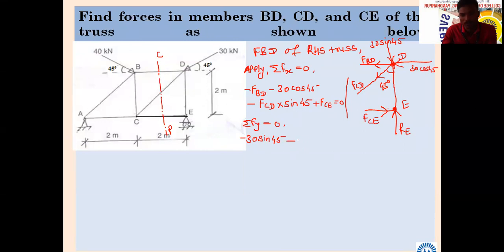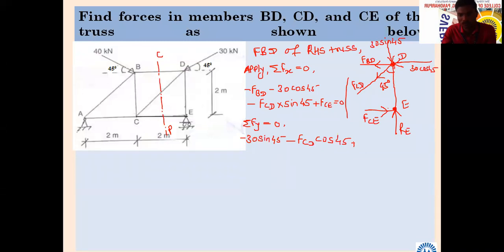Then FCD cos 45, minus. Okay, very good. Equal to 0. Plus RE.